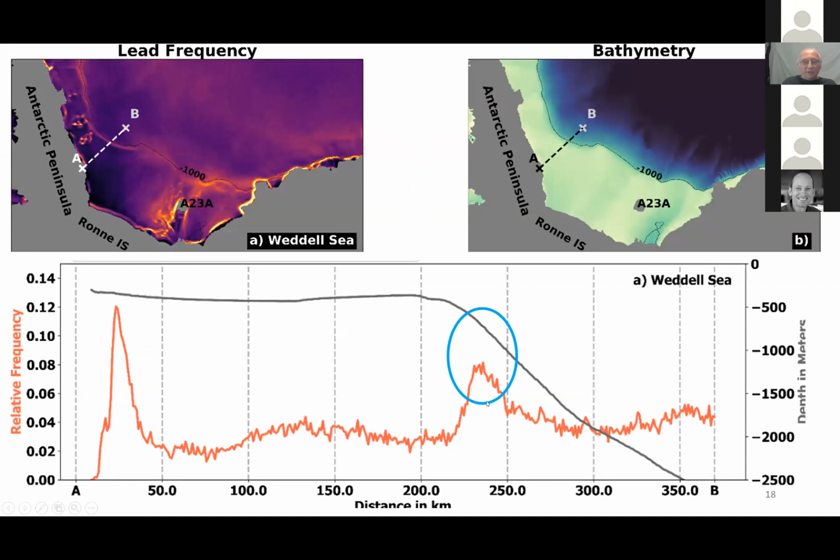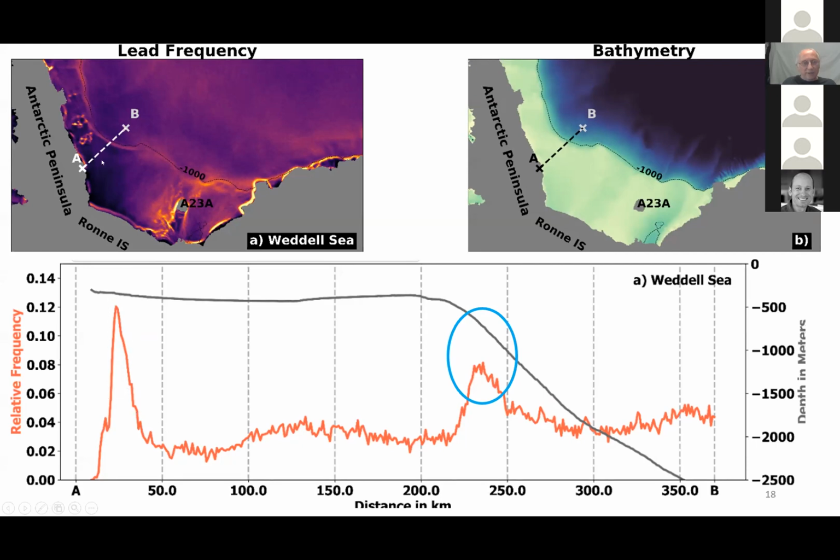We can look at that in more detail, taking a cross section here from the Antarctic Peninsula to the deeper ocean. That's the gray line here. Along this cross section is the bathymetry, the ocean depth. And then in red is the frequency of leads.